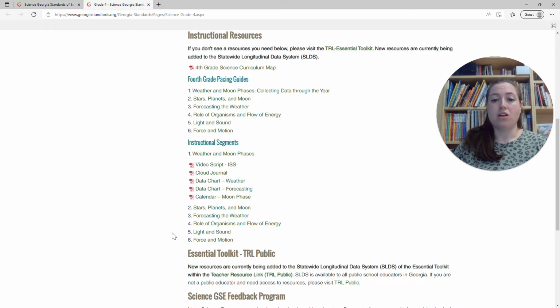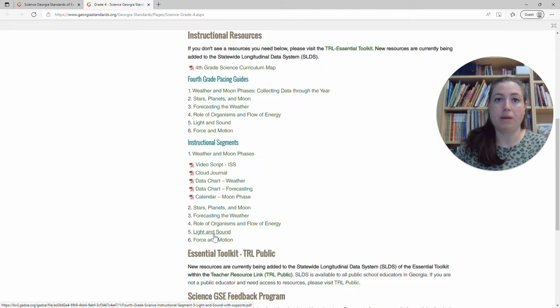Or maybe the concept of decibels and sound waves I'll use with my 4th graders, but then also my 5th graders, and I really won't use it before that grade level. So if you're ever interested to look at the specific standards by grade level about sound specifically, again, it's listed in 1st grade, 4th grade, and 8th grade.